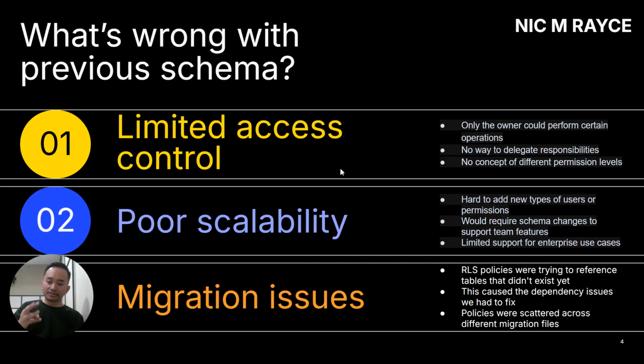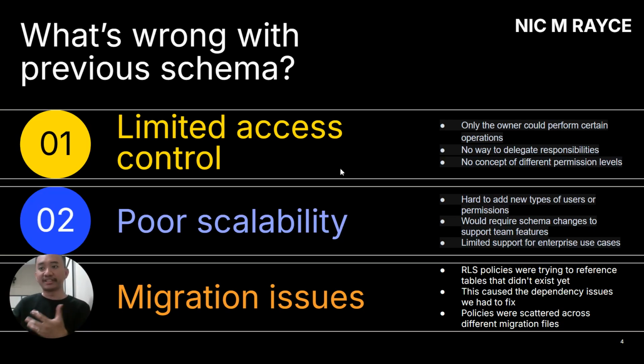Now, the third thing is the migration issues. Building this is where I noticed there's a lot of tables missing, despite the guardrails and the template that you plugged into Cursor. There are still gaps, tables that are missing, and the RLS policies were failing to be applied.